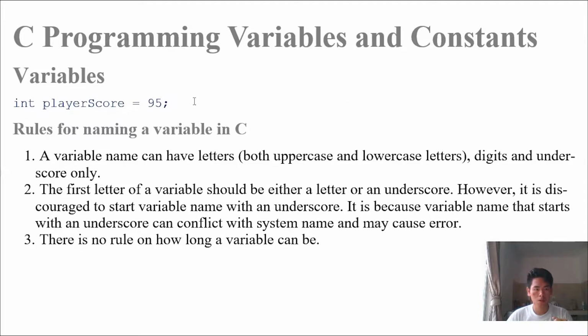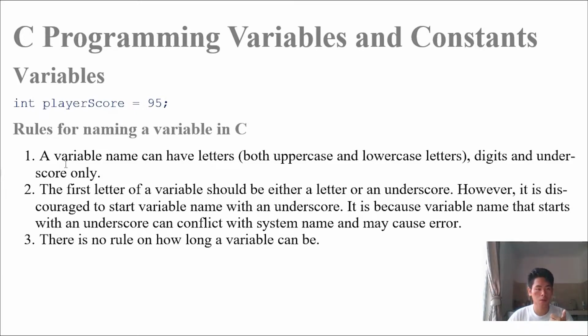Now this variable is named place score, of type integer, which is int, and it is assigned 95. If you declare a variable like this, that means place score can be changed during the program execution itself. And there are three rules for naming a variable in C. The first rule: a variable can have letters, both uppercase and lowercase, and also digits and underscore.